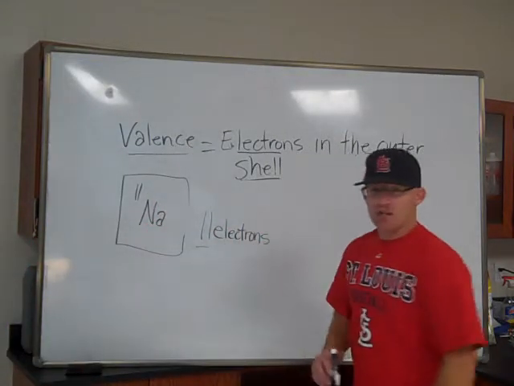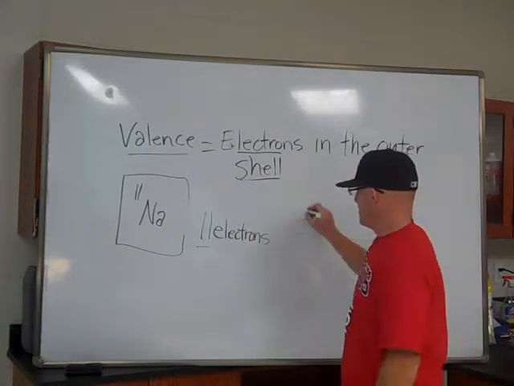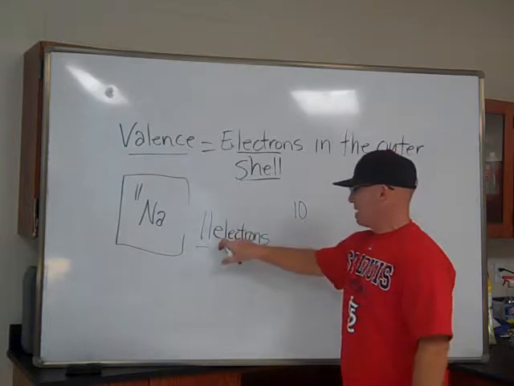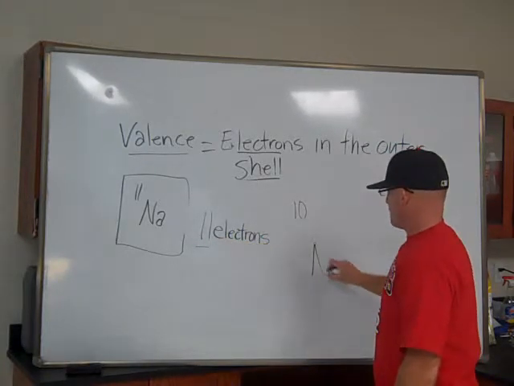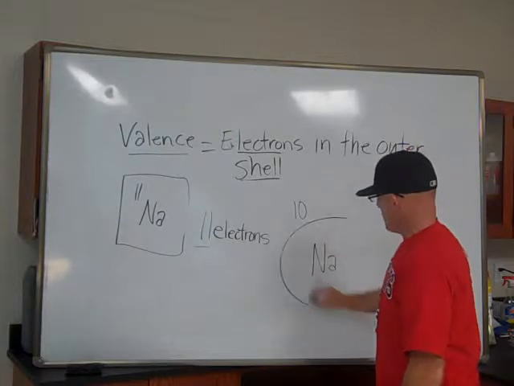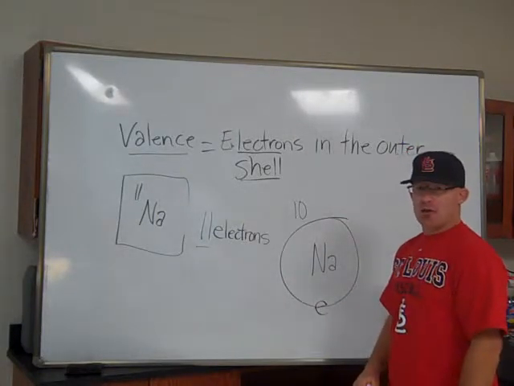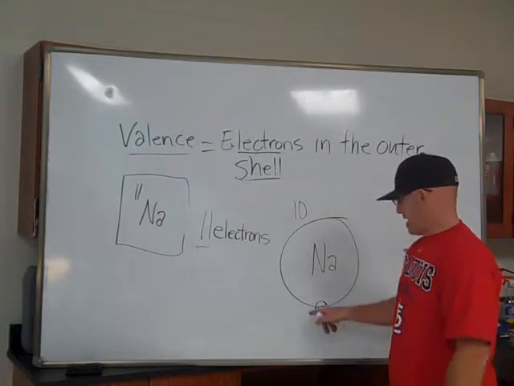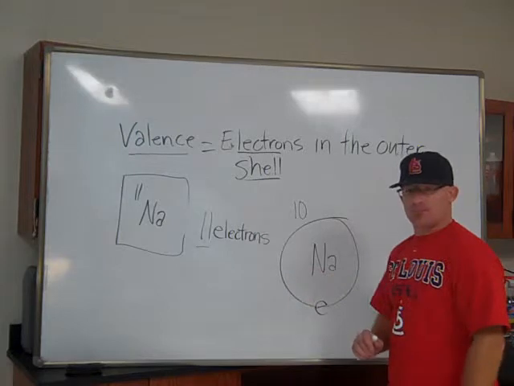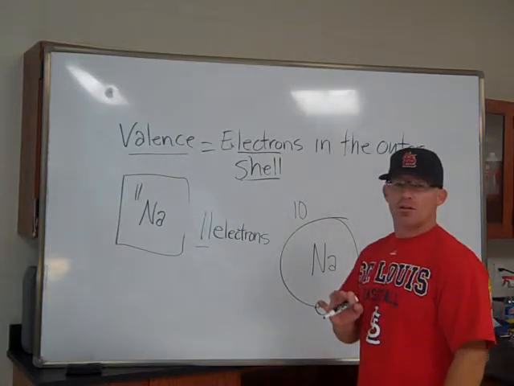How many are in its second shell? 8. How many is that total? 10. How many does sodium have? 11. So sodium is going to have 1 lonely electron in its outermost shell. So to finish the paper, how many would it take to fill its outer shell? 7. Because the third shell can hold 8 total.